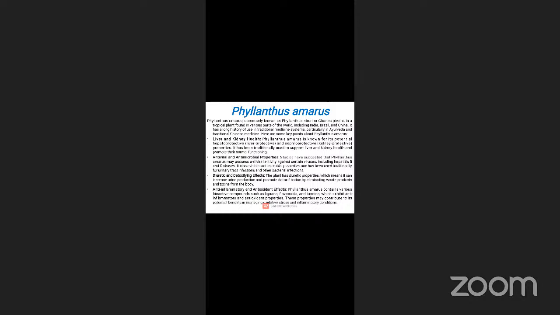So here are some key points about Phyllanthus amarus. Liver and kidney health. Phyllanthus amarus is known for its potential hepatoprotective (liver protective) and nephroprotective (kidney protective) properties. It has been traditionally used to support liver and kidney health and promote their normal functioning.